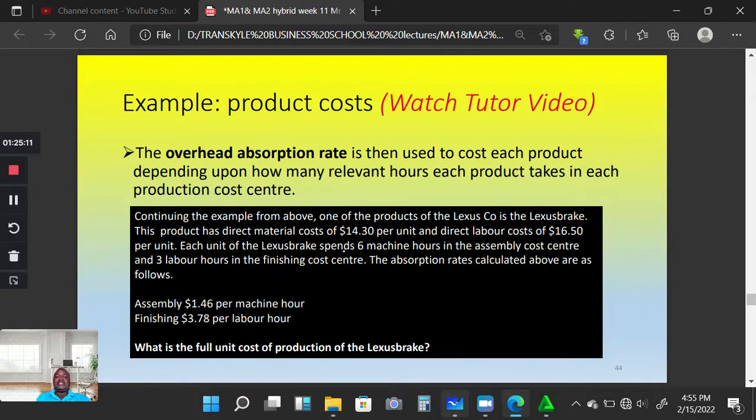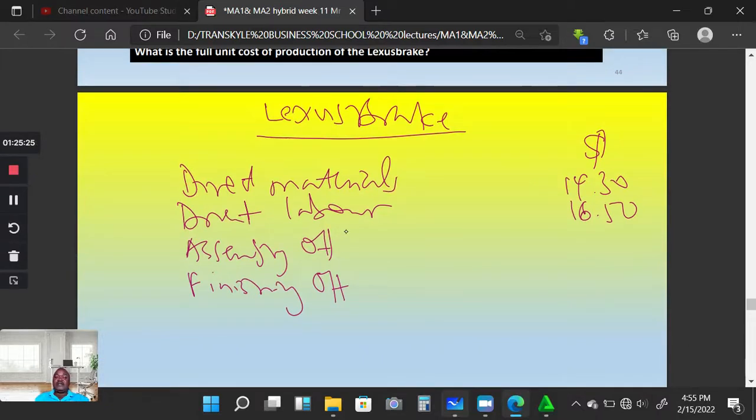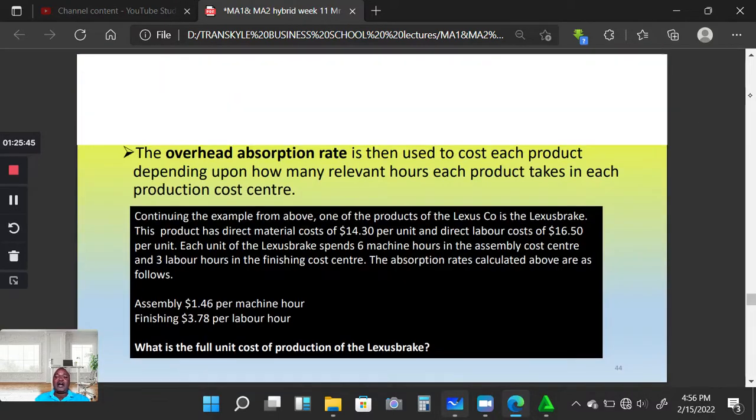So we are told that per unit, the Lexus brake spends 6 machine hours in the assembly, and then 3 labor hours in the finishing cost center. So for the assembly overhead, that's 6 hours of machine work, multiplied by how much per machine hour?